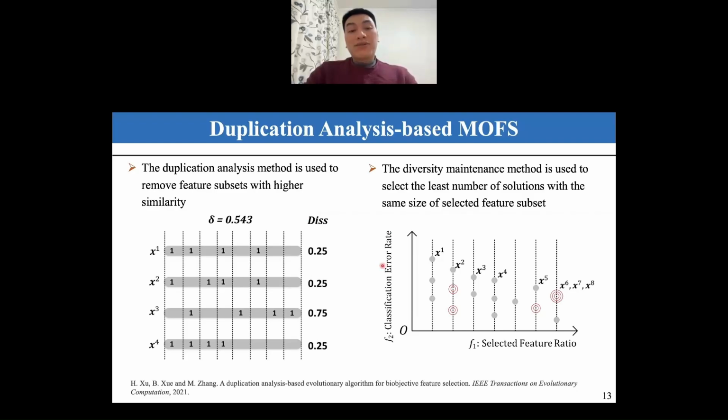Then we can rank the solutions or subsets based on the dissimilarity between each and the other feature subsets, and select the most different ones from the population. By doing that, we can increase the diversity of our population and also increase the performance of EMO-based feature selection, right? So that's one way to handle duplicated solutions in feature selection.